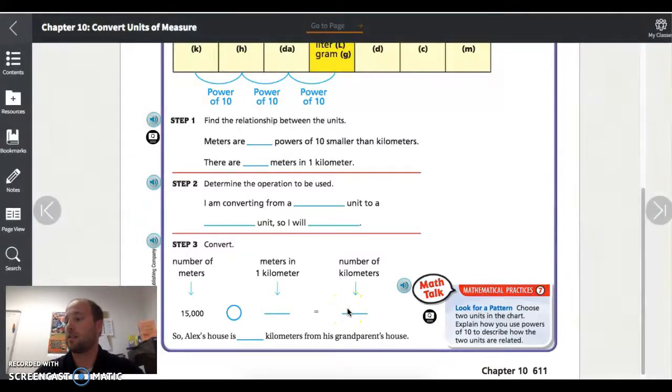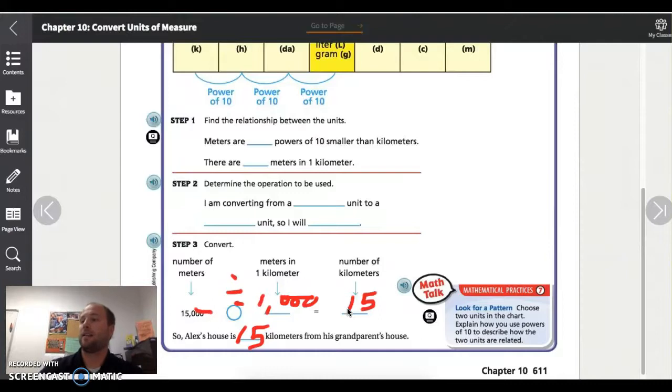So it should look like this. And notice how nice that is. Here's your division, and then you've got 1,000 here. If you crossed out all your zeros, 15 divided by 1 is 15. So Alex lives 15 kilometers away.